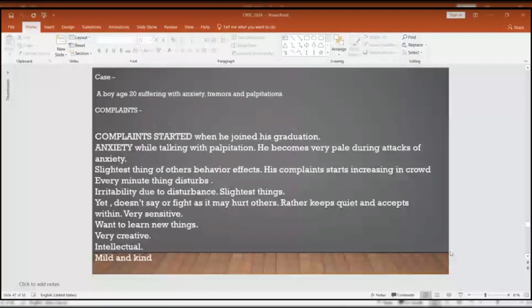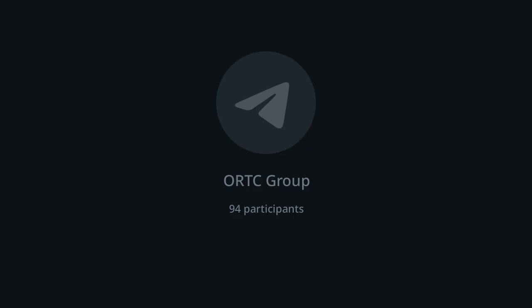Okay. So this was the only thing which I got while I was taking the case. So any guess what would be the remedy? Only with this much information of anxiety, palpitations and tremors and very small minute things affecting. Or if anyone can guess the kingdom also, it would be great.